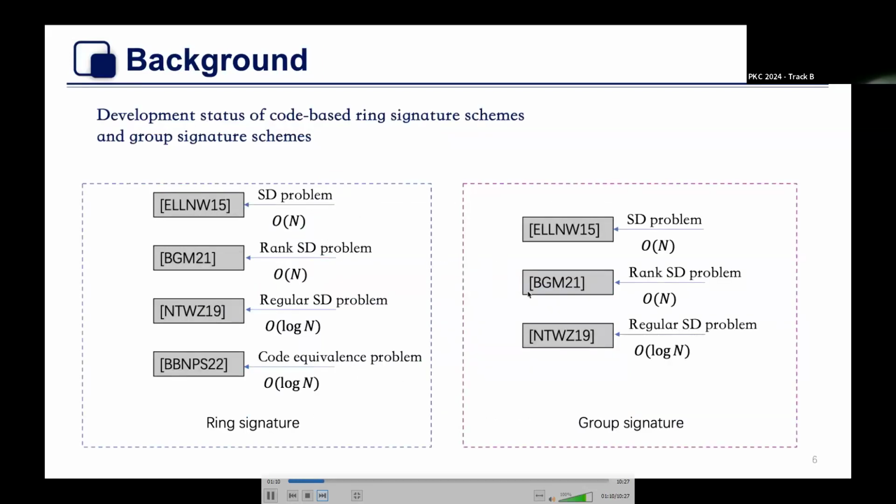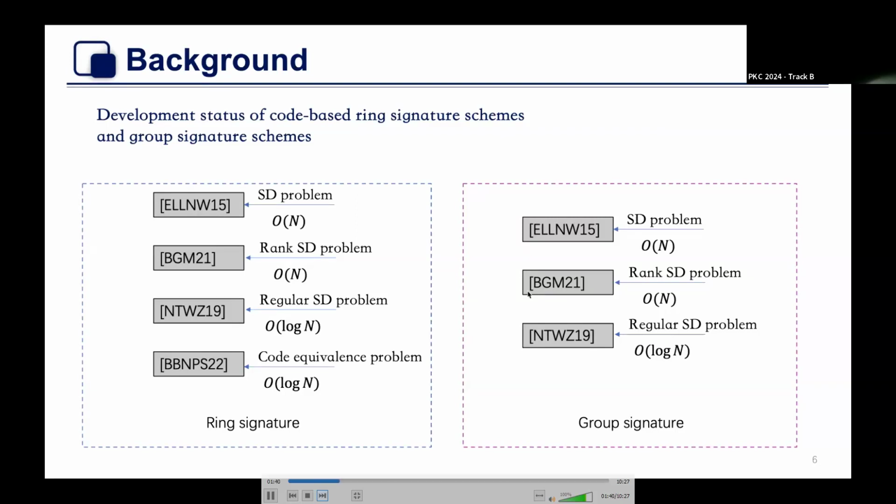There are many ring and group signature schemes from coding theory, and we list some representative schemes. For ring signature schemes, there are linear-size ring signature schemes, such as ELLNW15 and BGM21, and log-size ring signature schemes, such as NDWZ19 and BBNPS22.